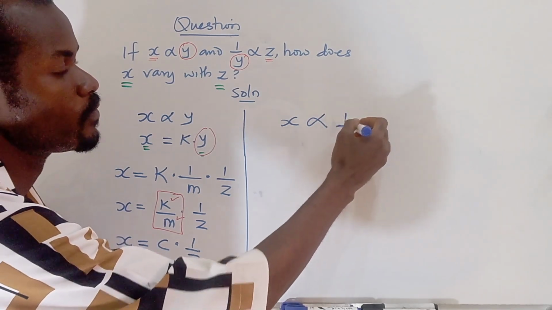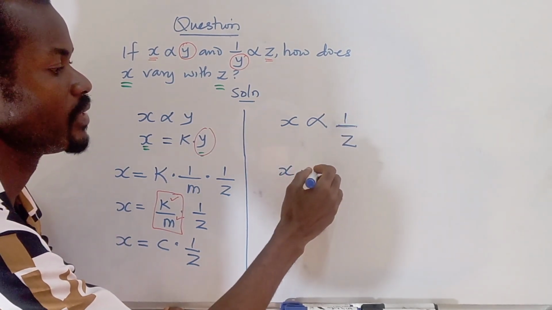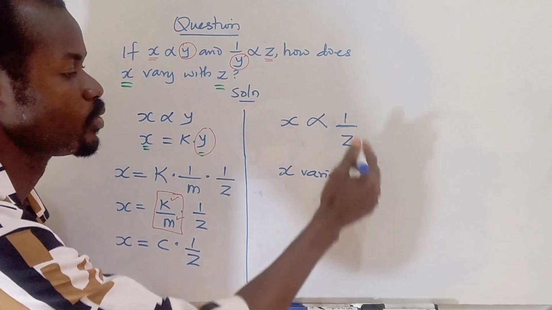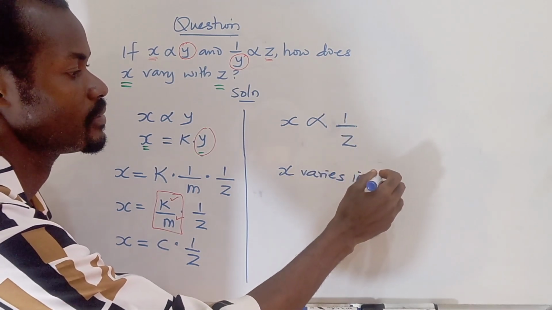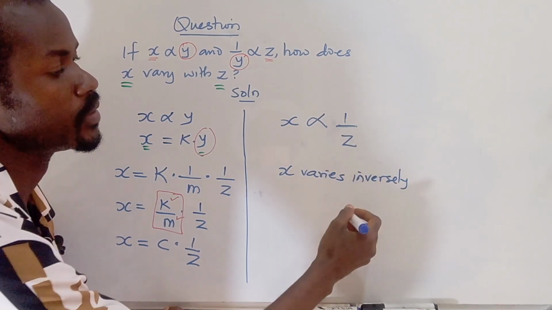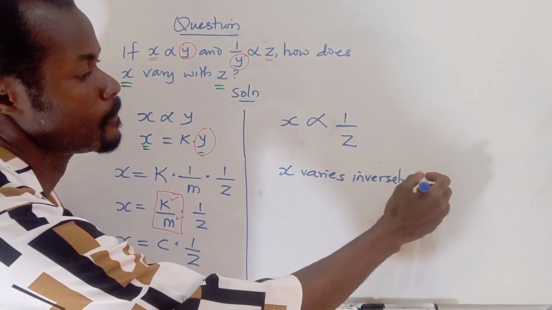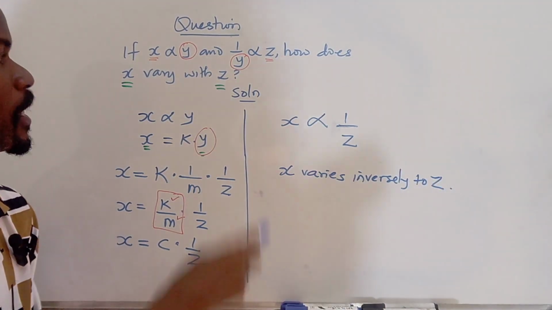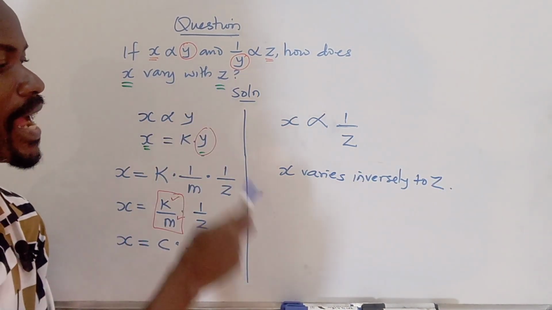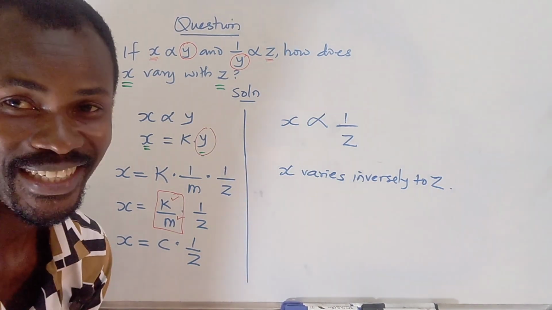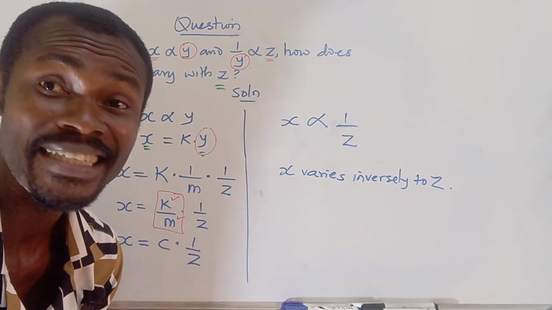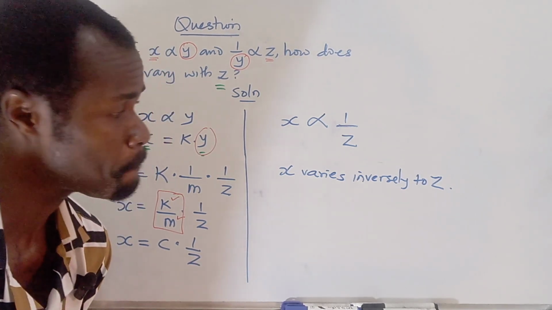Since we have 1 over, we can say x varies, and we have 1 over, so we say inverse, z. So how does x vary with z is, x varies inversely with z. So that gives us a simple solution to this simple problem in maths.